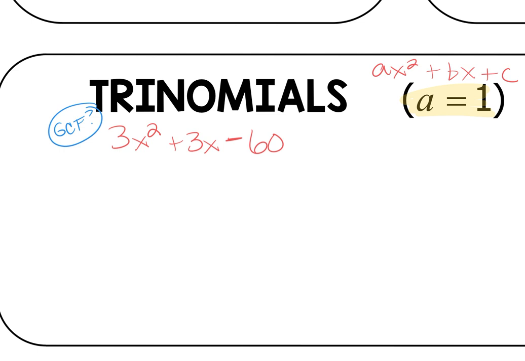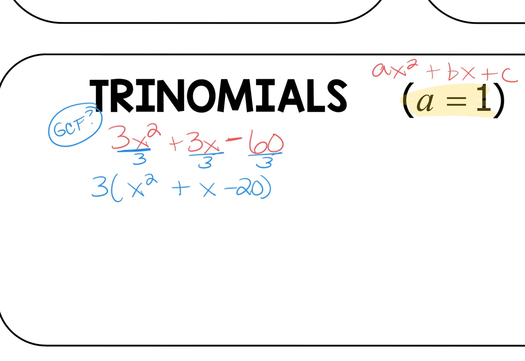What do you guys think? 3. So if you have one, you have to take it out. I'm going to pull the 3 out in front, and I'm going to divide everything by 3. That's what we do first. So now I've got x squared plus x minus 20.